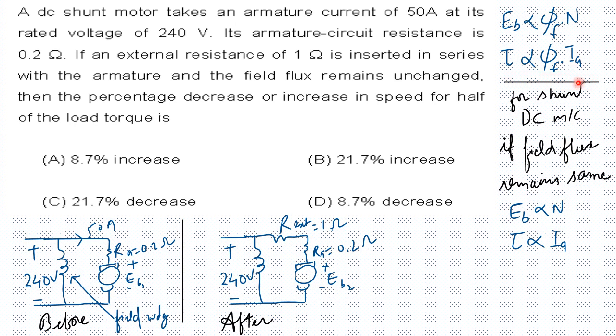In our case, the shunt machine, the field flux is constant. Hence these relationships can be rewritten as EB is proportional to N, and tau is proportional to Ia. This is what we'll be using in our question today.